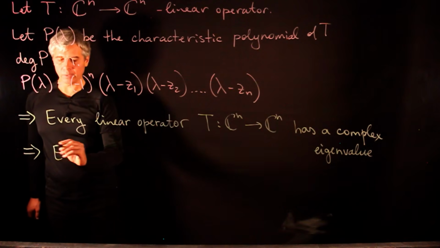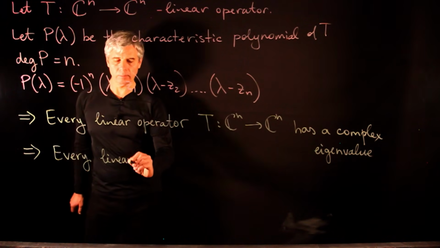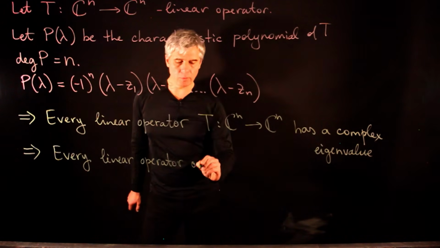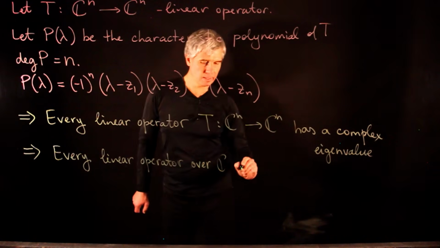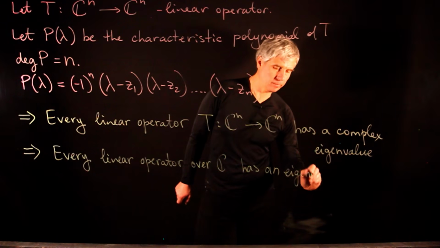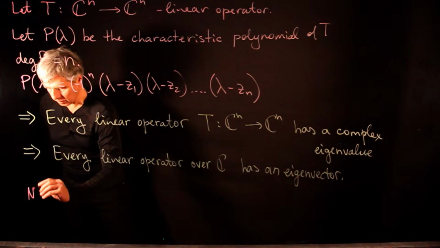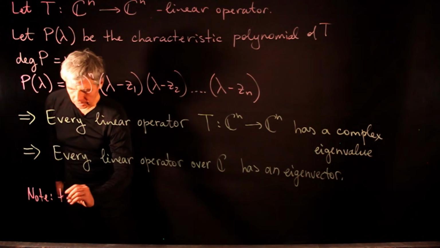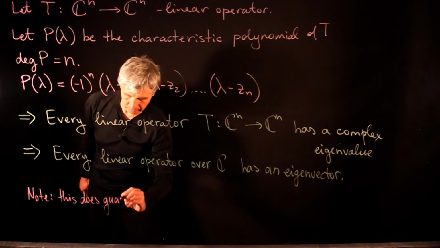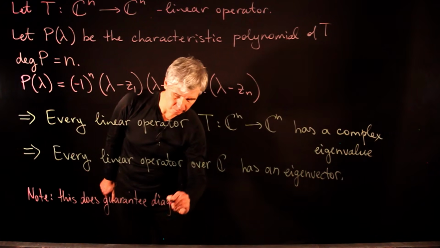And so from here, we conclude that every linear operator over complex numbers has an eigenvector. So we note that this does not guarantee diagonalizability.